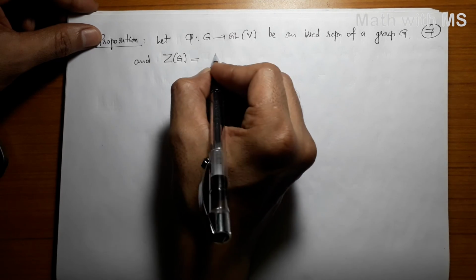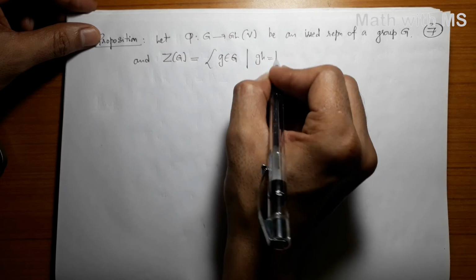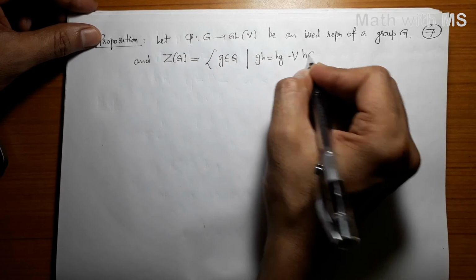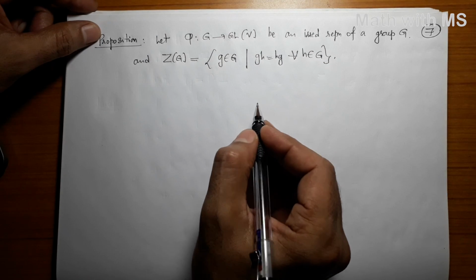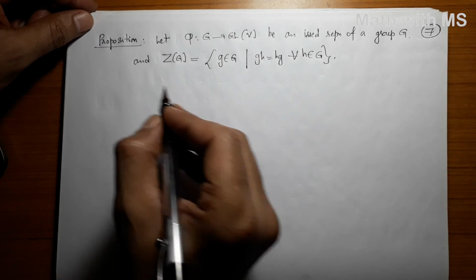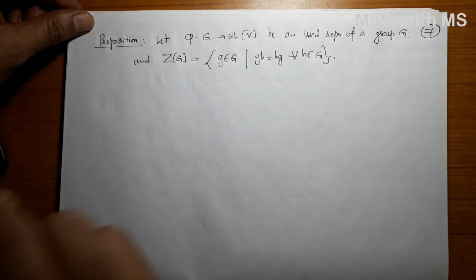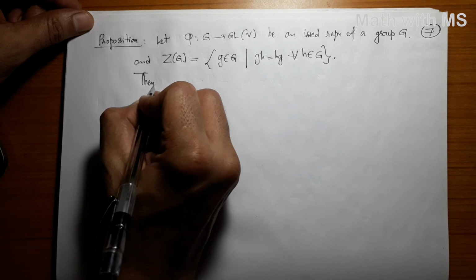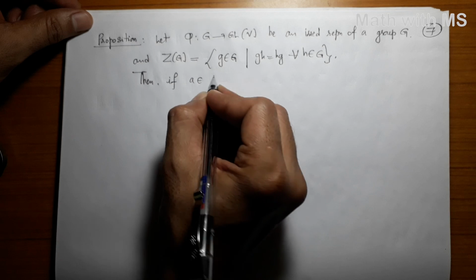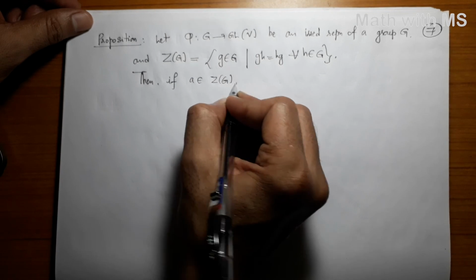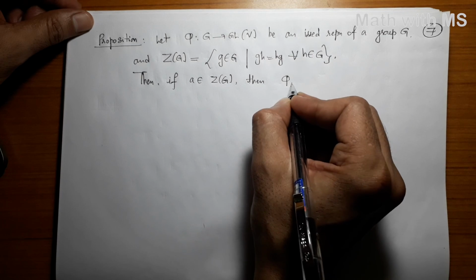Let me recall for you the center. It is all those group elements g such that gh equals hg for all h in the group G. So the center is a normal subgroup of the group G. Then this proposition tells you how an irreducible representation behaves on the center elements. Then, if a belongs to the center of the group G, what is phi sub a?